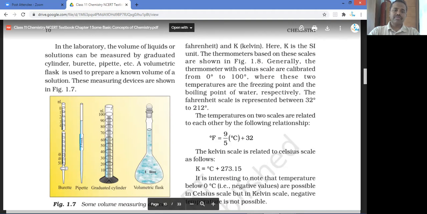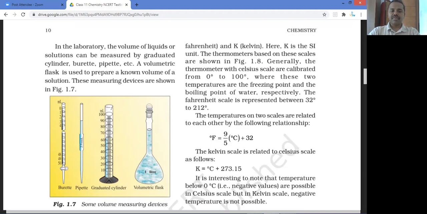If you look at this burette, you'll see lines drawn there and numbers written on it. Similar to the thermometer, you'll see small lines, major lines and minor lines. Major lines you will see at every 10, and it also depends on the size of the thermometer.